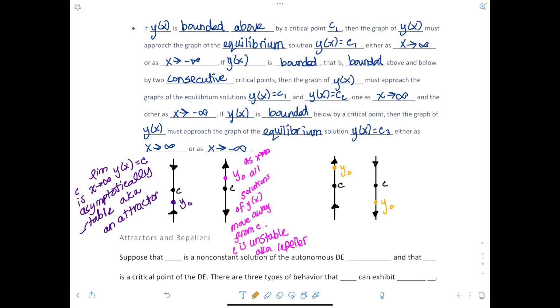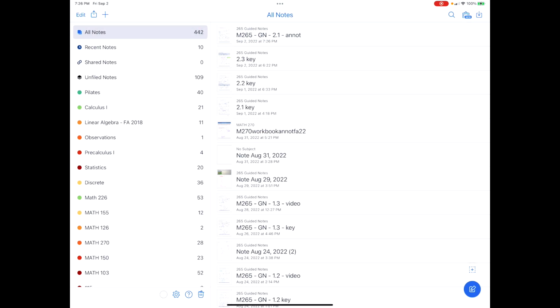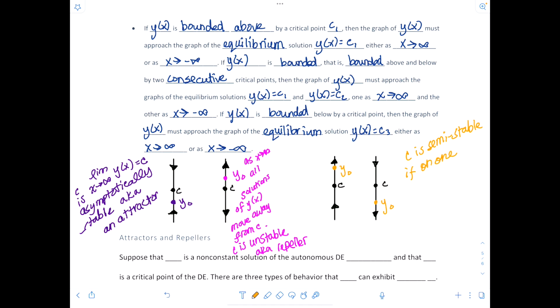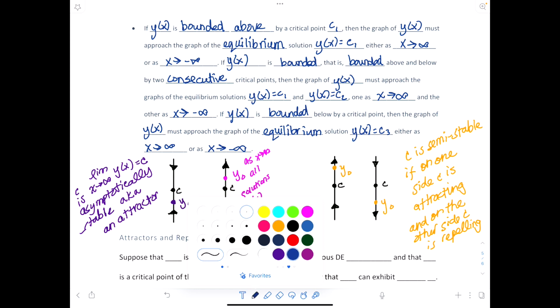So in this case, C is considered semi-stable if on one side C is attracting and on the other side C is repelling solutions. Cool, cool?